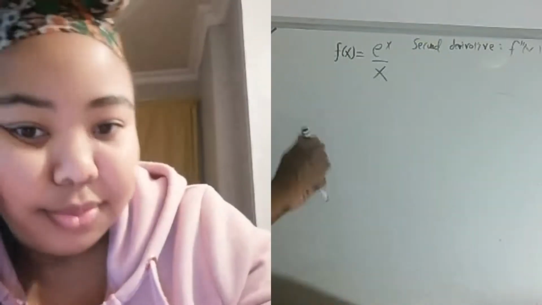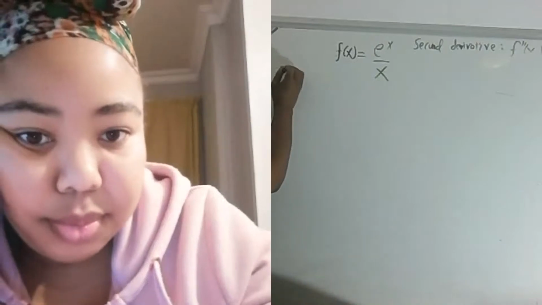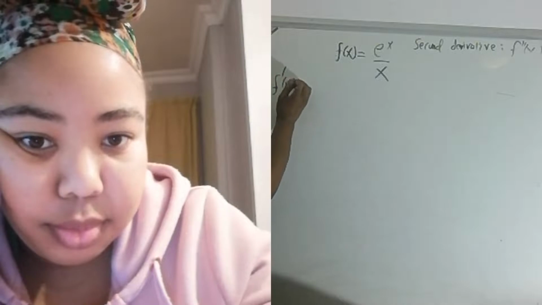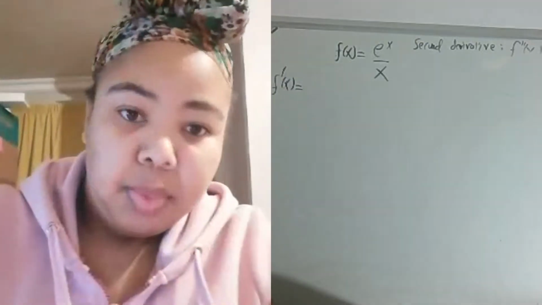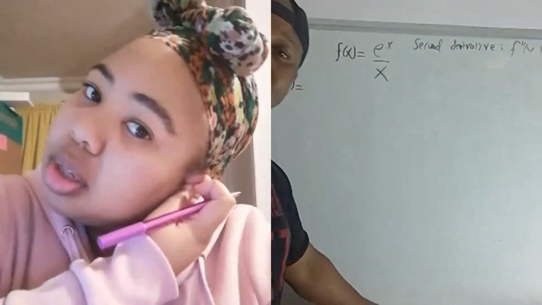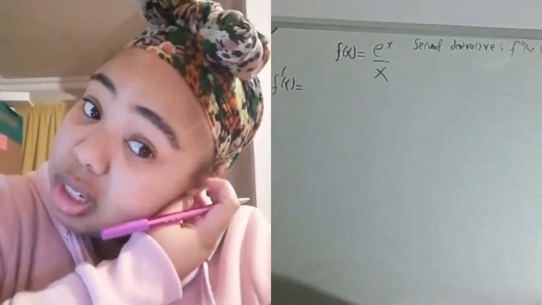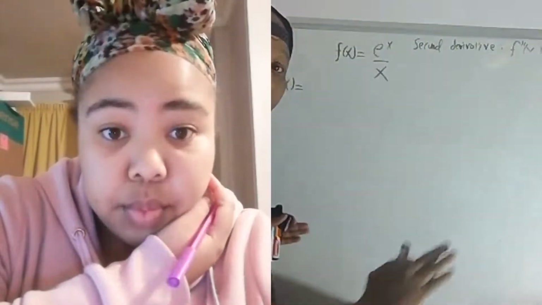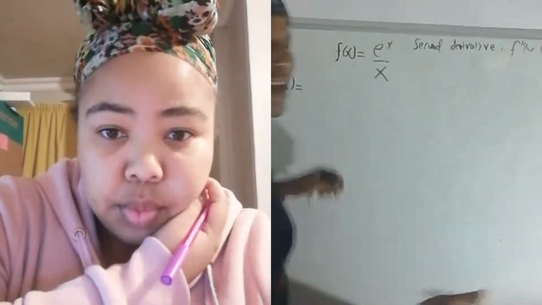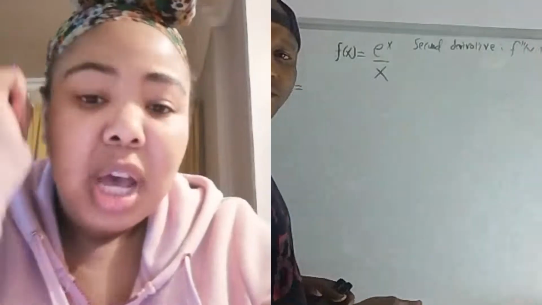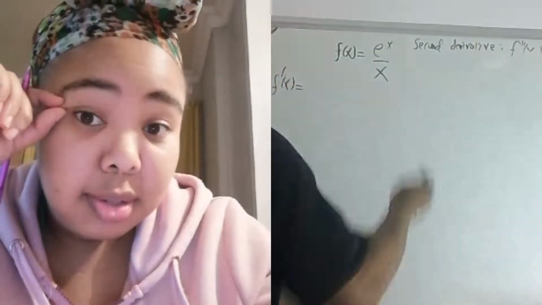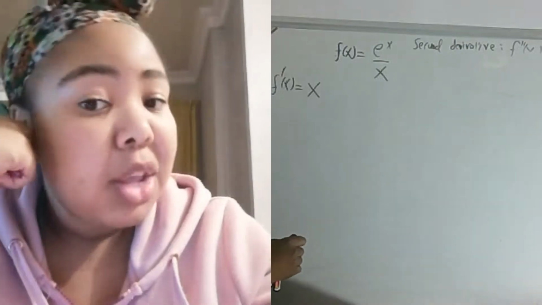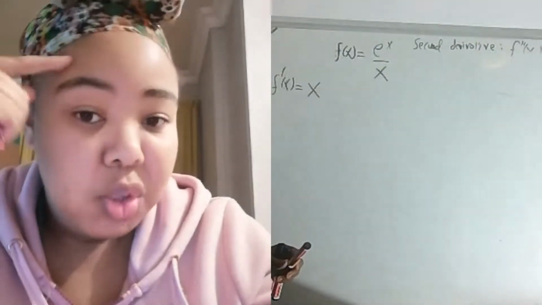According to the quotient rule, f prime, the first derivative, equals: the denominator is going to be constant, which is x, and then you differentiate the e to the power x.